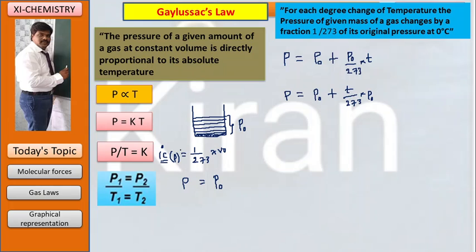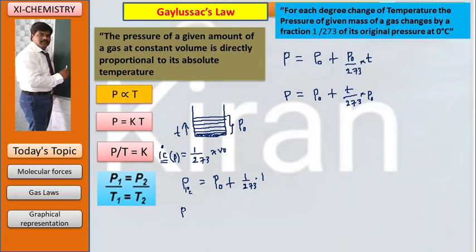When the temperature increases, the pressure should increase. How much should the pressure increase? This much: 1 by 273 into 1 degree centigrade increase.